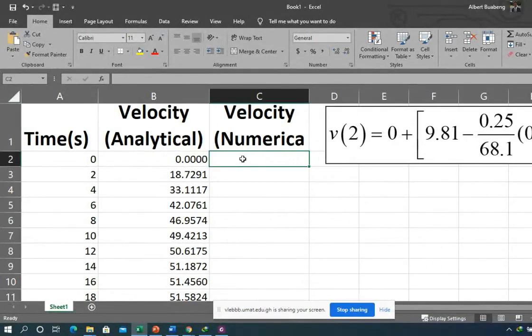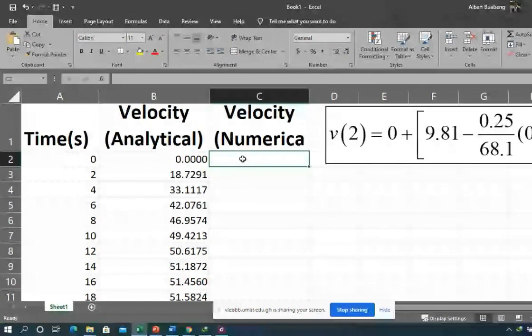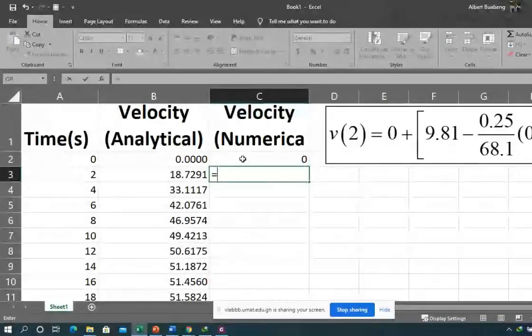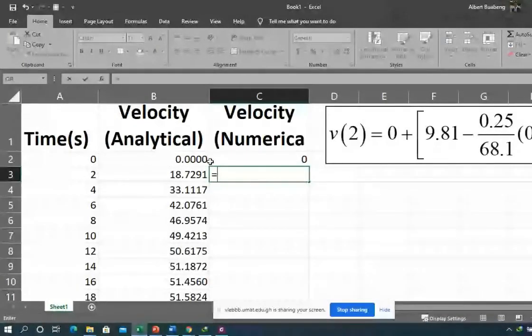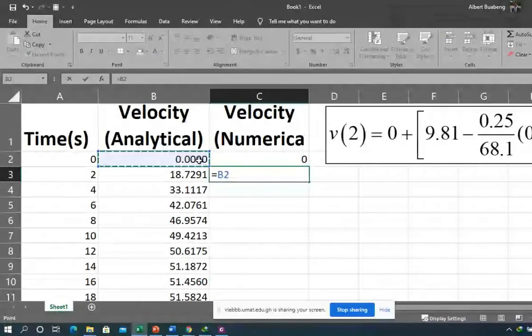So remember, when the time was equal to 0, we had our initial velocity to be equal to 0 already. So at time 2 seconds, the velocity is equal to a past value velocity, which in this case is our past one, as we see in here.